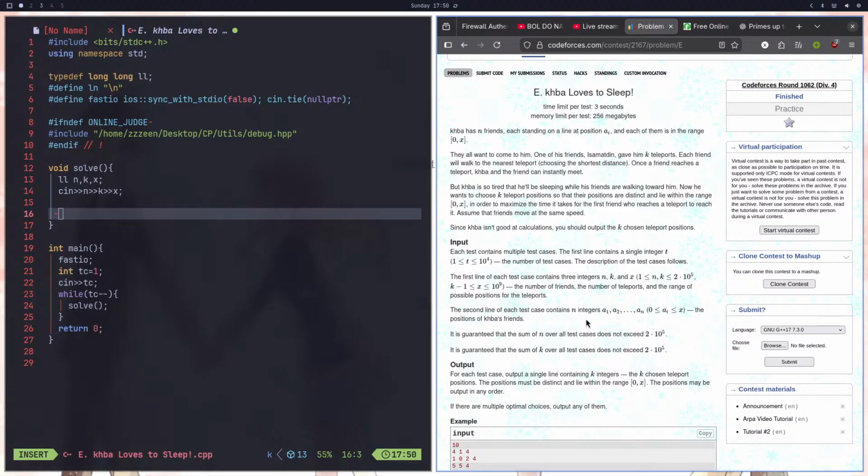Each of them is in range 0 to x. They all want to come to him. One of his friends, instead of K teleports, each friend will walk to the nearest teleport.